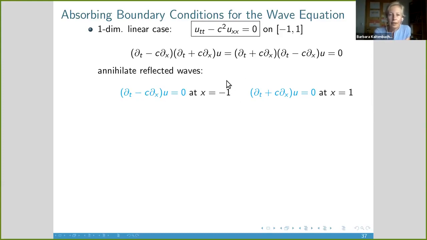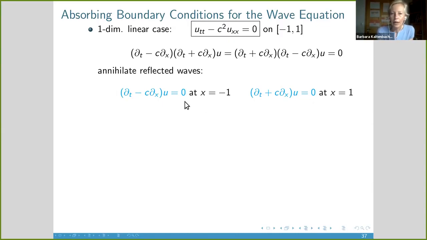On the -1 boundary point, I don't attempt to show this here in my video, because it will probably be the wrong direction for you. So on this -1 boundary point, it is this part of the wave operator that we are supposed to annihilate in order to avoid reflections. And on the x=1 part, it's this part of the overall wave operator. So that's clear.